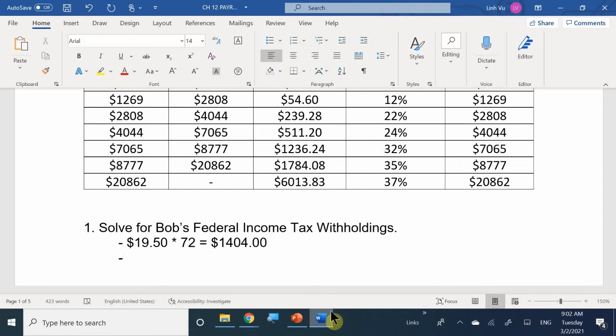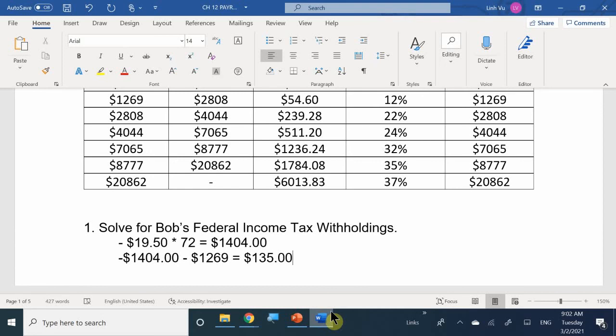No, you don't take that out first. 1404 minus 1269. Correct, right? We're going to subtract how much the government gets to let us keep. Okay, so 1269. All right, and what's the total that I get here? 135.